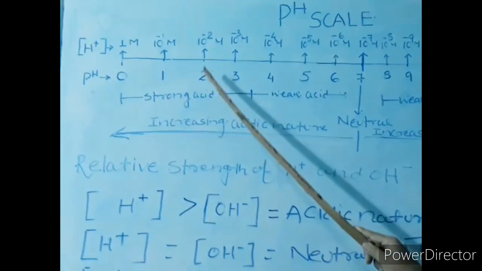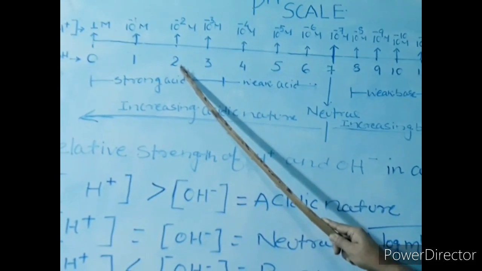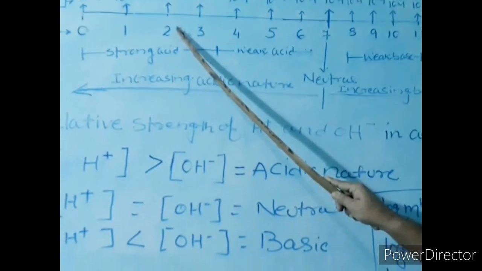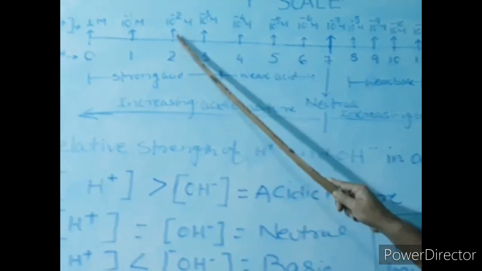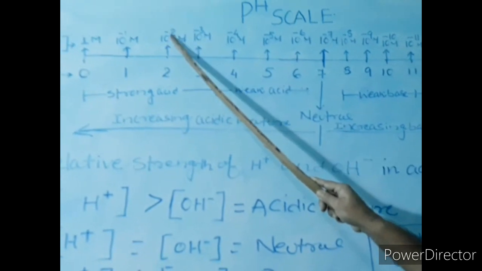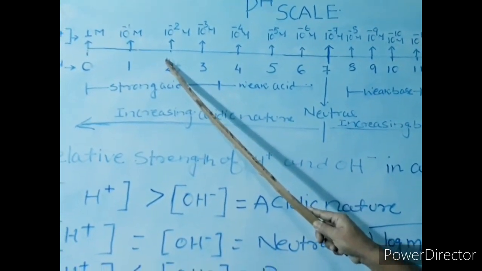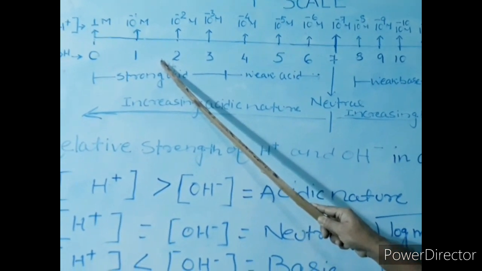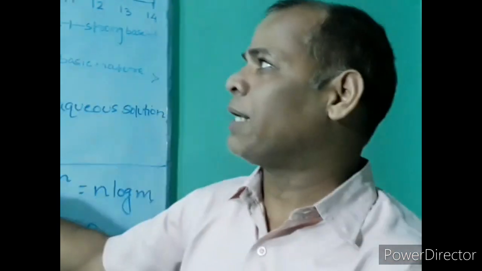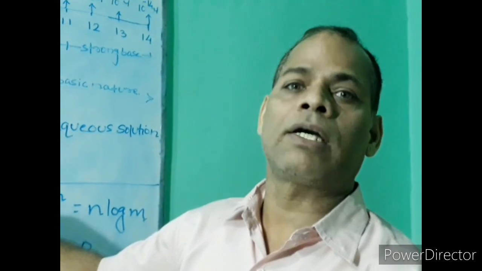If the pH of a particular solution is 2, what does it mean? It means the concentration of hydrogen ion in that solution is 10 to the power minus 2 molarity, or in a simpler way, 1 by 100 molarity.